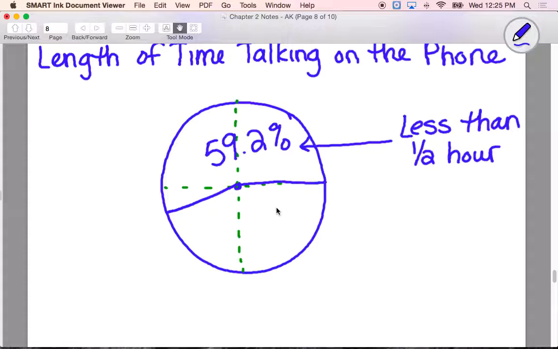Now I want to go through and do the 24.2. Now 24.2 should be very close to 25%. 25% is a fourth of our circle, so that's roughly about here. And that chunk is more than an hour.